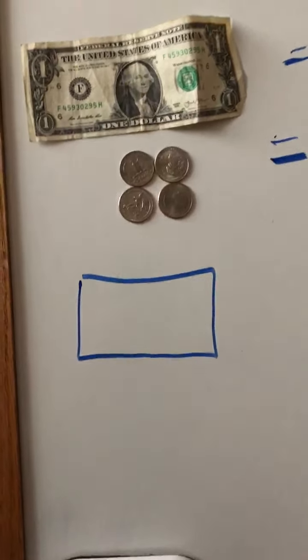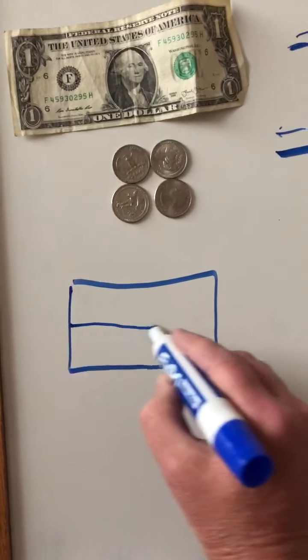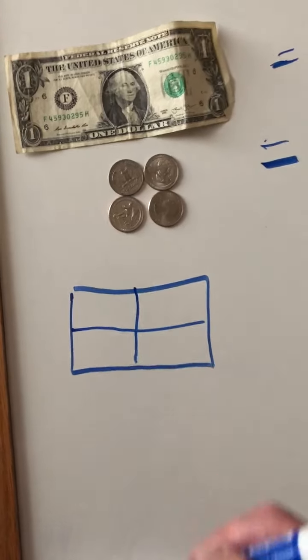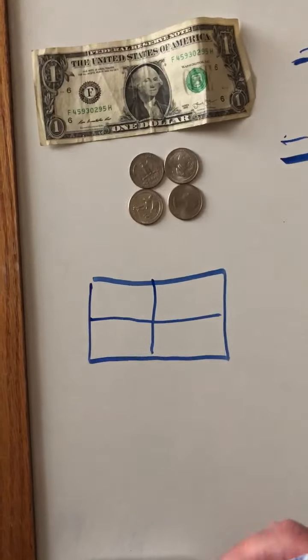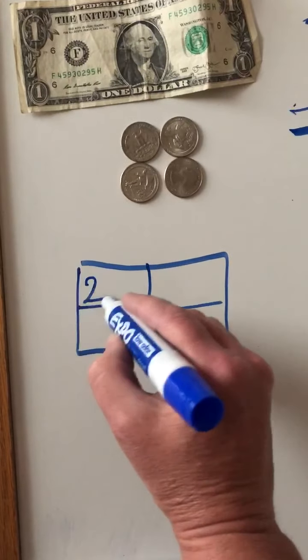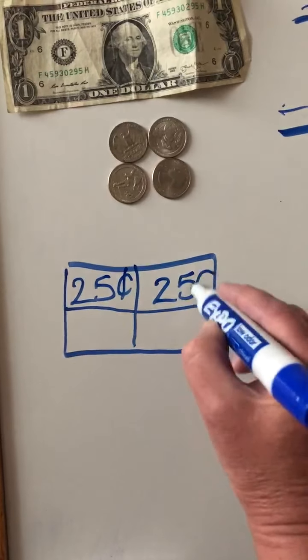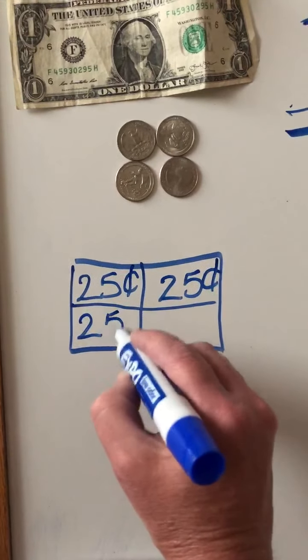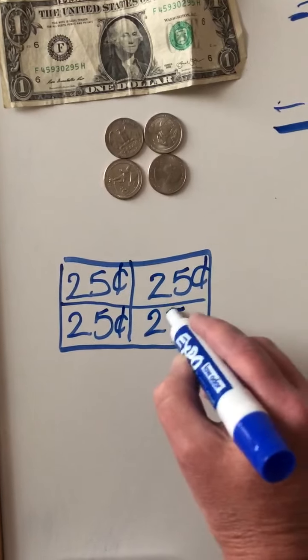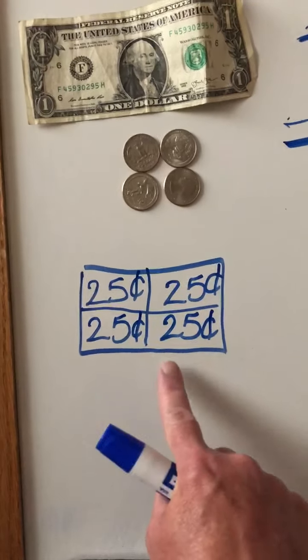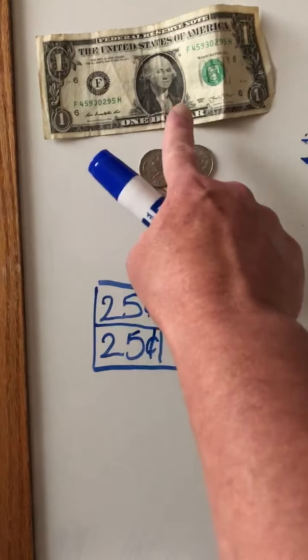This thing I have here is basically, if we divided this into 4 parts, each part is worth 25 cents, right? Because we just said that 4 quarters equals $1.